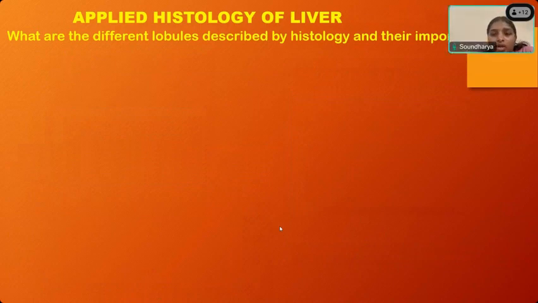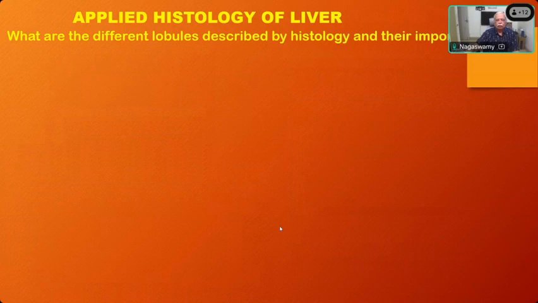One is hexagonal shape. Each has got a name. Anybody else? Classical lobule. Classic hepatic lobule, very good. Okay, then ileal. Yeah, Bindu, Ranjini, anyone answer this question?